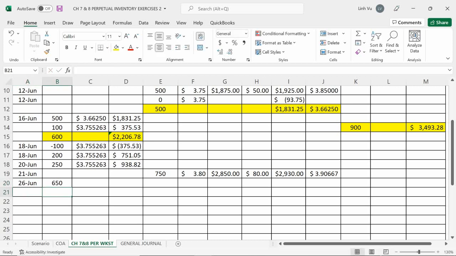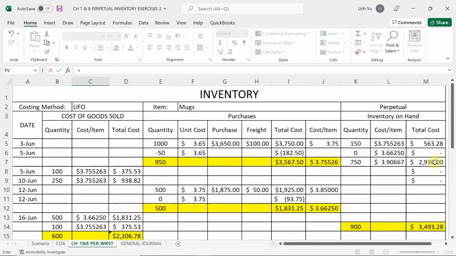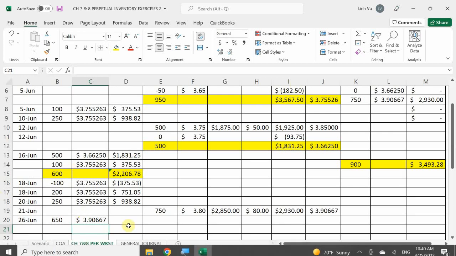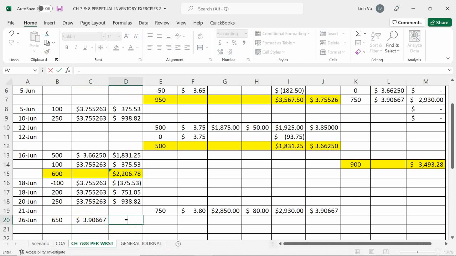We sold 650 units. Using the rules of LIFO, which batch of inventory am I going to sell from first? The 750 at $3.90 and 90.666666. So therefore, how much in grand total is my cost of goods sold here?